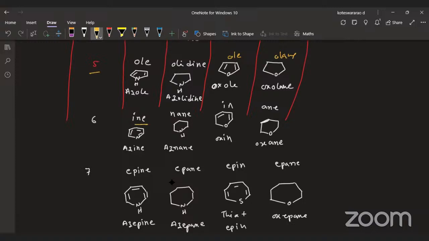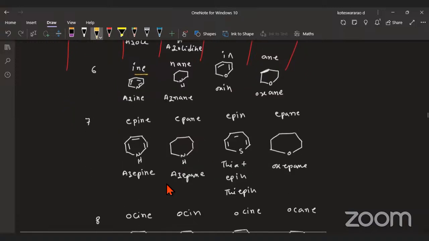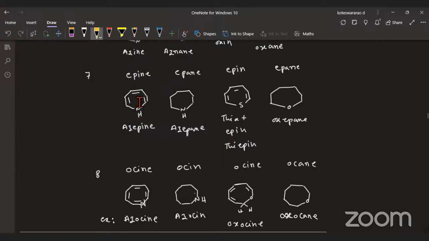If it is an oxygen heterocyclic without nitrogen and fully saturated, it ends with ane, that is oxane. Next, the 7-membered ring: epine with nitrogen and unsaturated, epane if saturated. Azepine for a 7-membered ring. If it is sulfur containing, thia plus epine, thiepine, and with oxygen, oxepine.